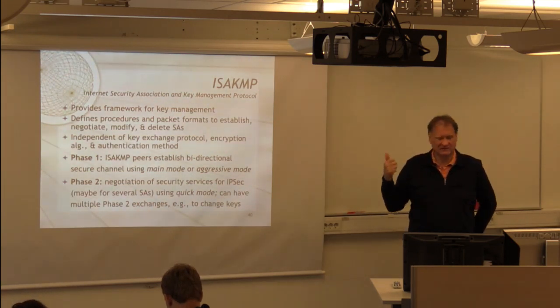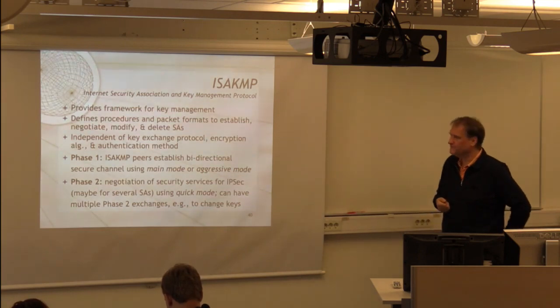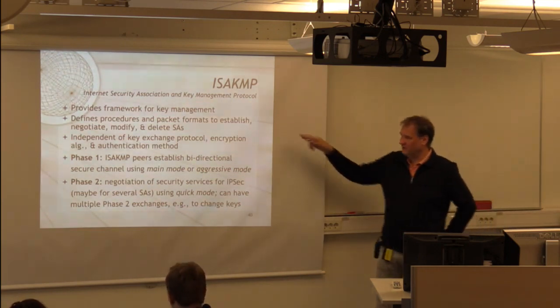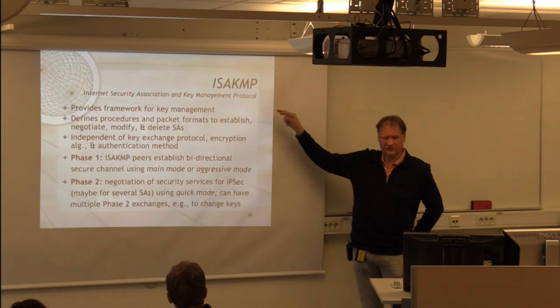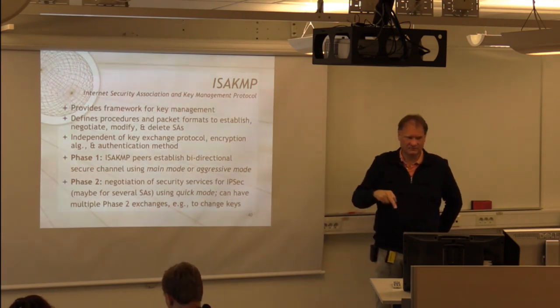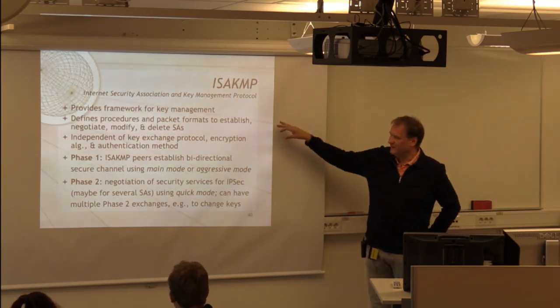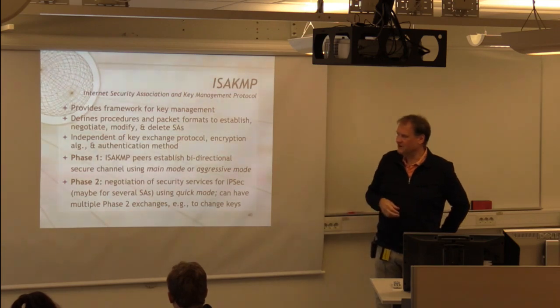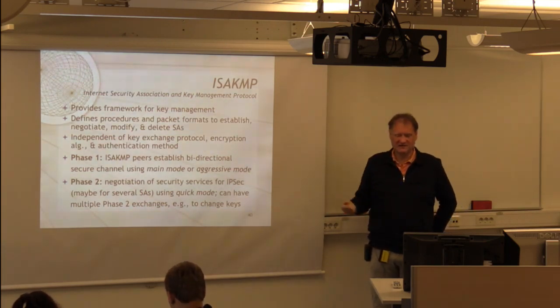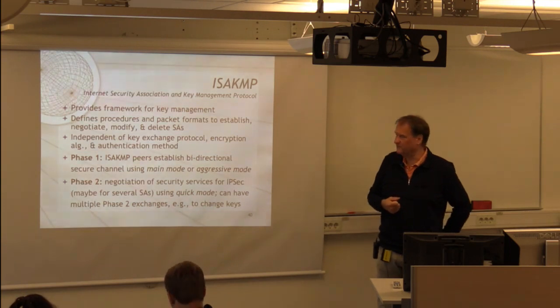Okay, then here is how we do it. It's a framework for key management, but not key exchange, because that is handled by Oakley. It defines procedures and packets to establish, so negotiate, modify, and delete security associations. That's the main thing here with ISAKMP.